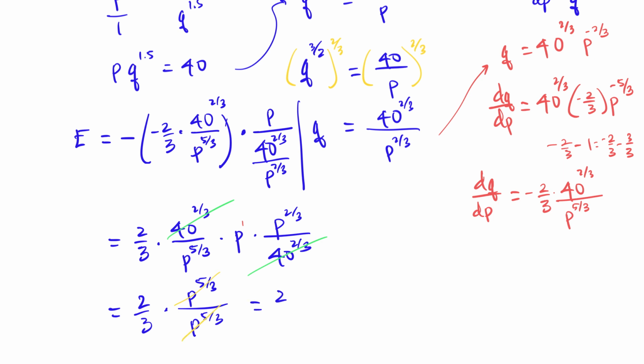So the elasticity is 2/3, or approximately 0.67, rounded to 2 decimal places. The price elasticity of demand is less than 1 in this case, so we would say the demand is inelastic. This means we can maximize the revenue if we increase the price.